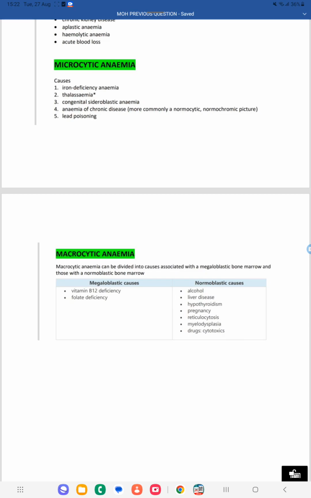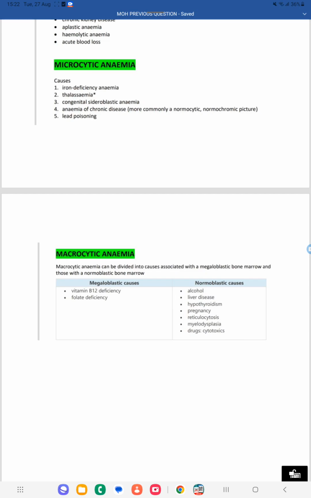So those who are having this type of disorders, or those who are taking cytotoxic drugs, because of these reasons normoblasts will appear in the blood circulation, plus the cell size is also increased. Okay, more than 100 cell size you can see, then that is called macrocytic anemia in that normoblastic category.